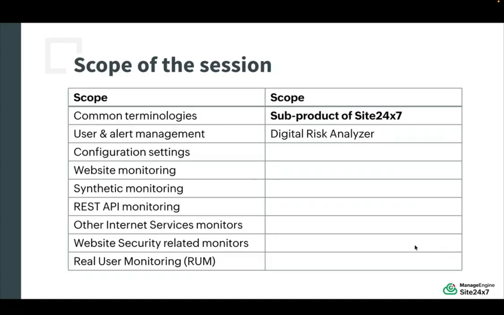So this is the scope of the session today. These are common terminologies which we see. Then user and alert management, configuration, the website monitoring modules, internet services modules, and REST API monitoring. And this is the sub product we'll look into in this session, which is Domain Risk, the Digital Risk Analyzer.